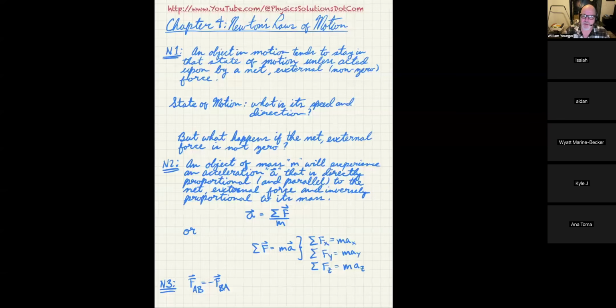Newton's third law basically says if you apply a force to object A, in other words, if B, Billy, Mr. Younger, applies a force to object A, then that force will be FAB. So the first subscript represents the thing feeling the force, and the second subscript is the thing supplying the force.